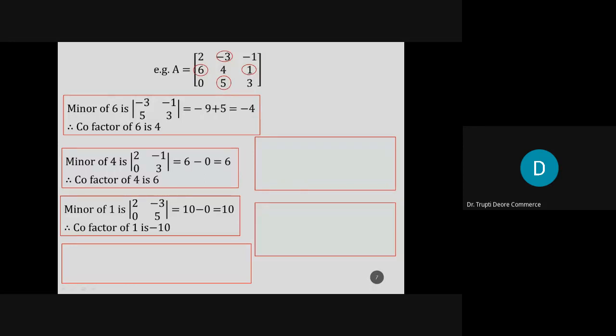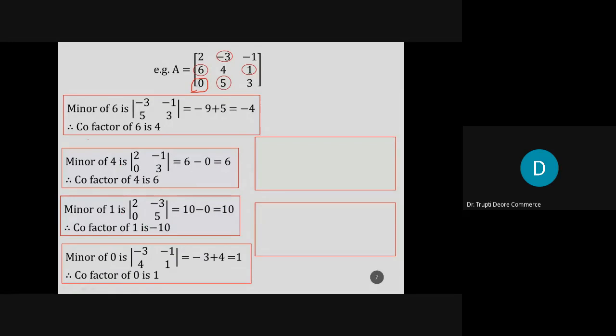Vaishnavi says 1, and someone says -2. Let's check. It's a +1. How? -3 into 1 it's a -3, minus into bracket 4 into 1, -4. So minus minus becomes plus. So -3 plus 4 is equal to 1. So minor of 0 is 1. Here we didn't need to change the sign of this minor, so the cofactor will be the same. So cofactor of 0 is 1.